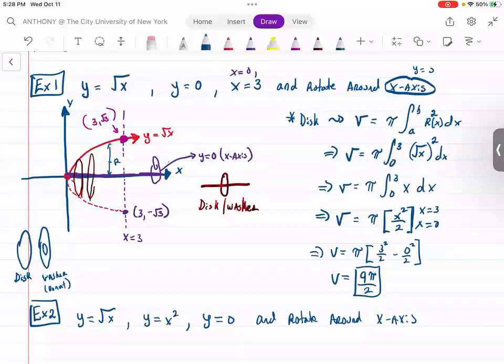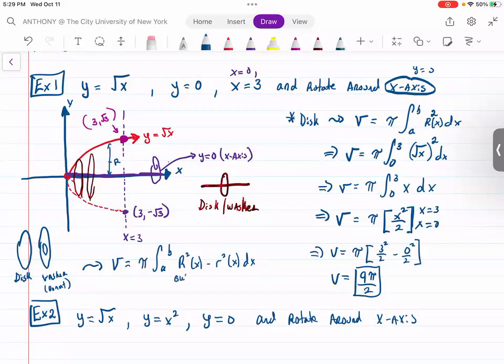So your washer formula is volume equals pi times the integral from a to b of capital R squared of x minus little r squared of x dx. So it's the outer radius minus the inner radius.